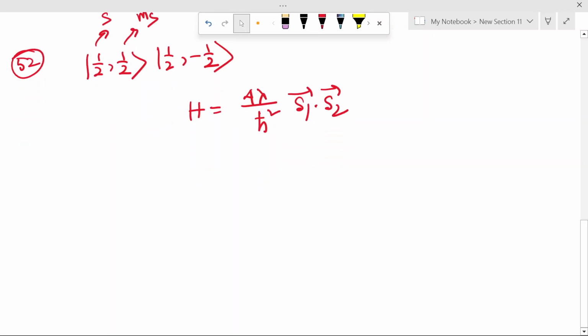Now you know that s1 dot s2 can be written in a very simple way in terms of the raising and lowering operators.